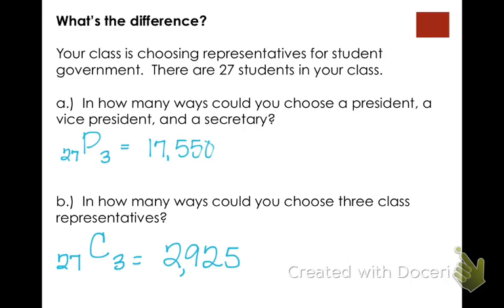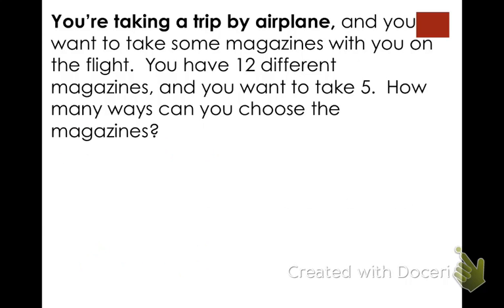Here's another example. Let's see if we can decide which one we would use. You're taking a trip by airplane, like I am probably right now as you read this, and you want to take some magazines with you on the flight. You have 12 different magazines and you want to pack 5. How many ways can you choose the magazines? If you're just going to throw them in your bag and take them with you, does it matter what order they're in? And the answer is no. It doesn't matter what order you pick them in.